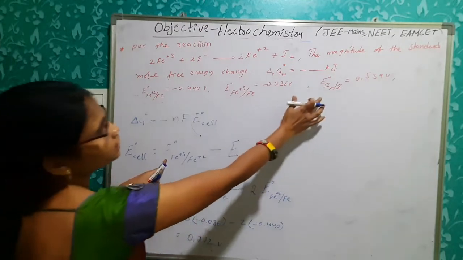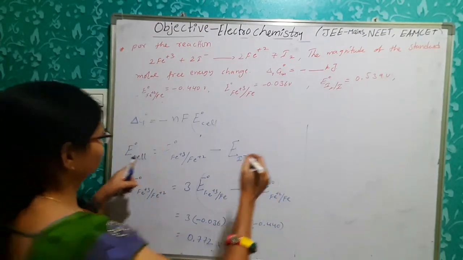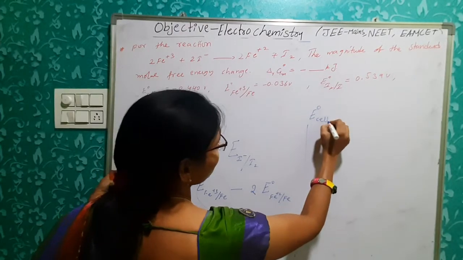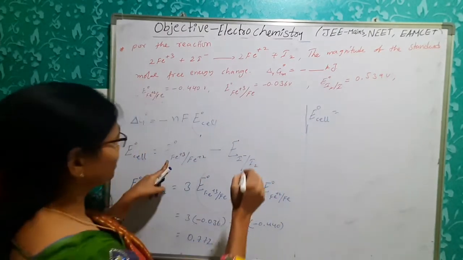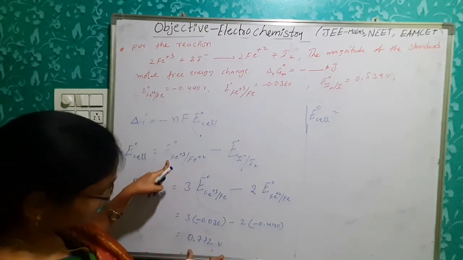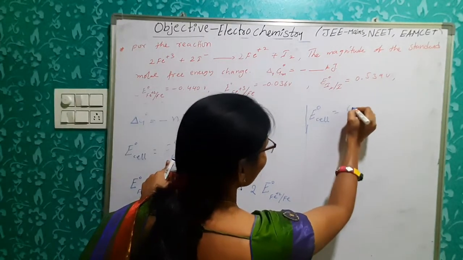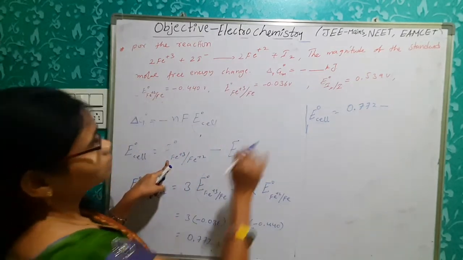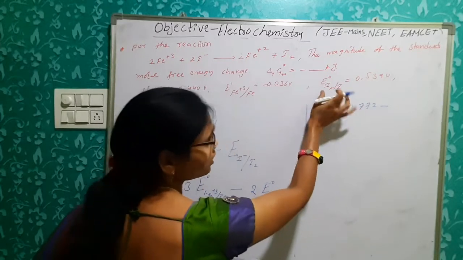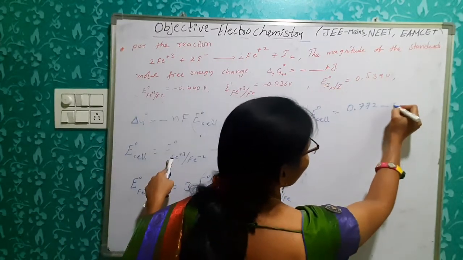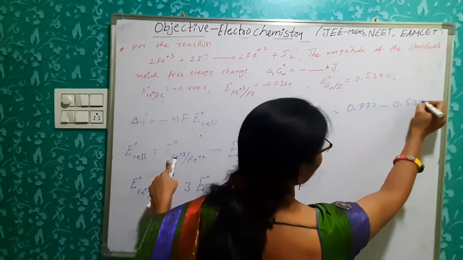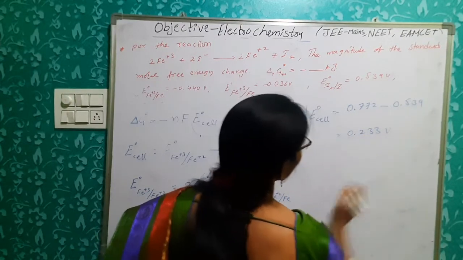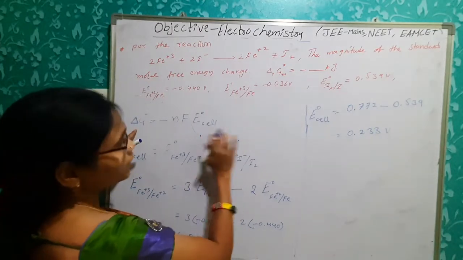This is already present here. So calculate E°cell, the standard electrode potential of that cell, E cathode minus E anode. The cathode is calculated as 0.772 minus the electrode potential of iodine, 0.539, which gives 0.233 volts. Now E° is calculated.